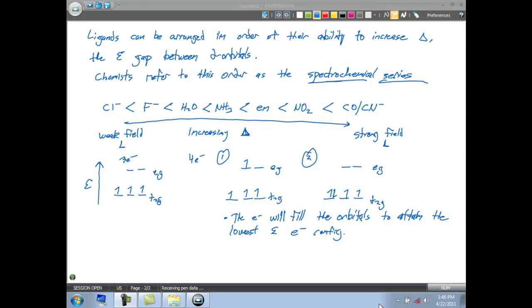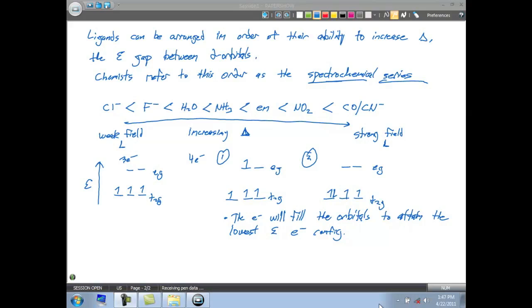The question we need to then ask ourselves is, which case do we have, the one on the left or the one on the right, that will give us the lowest energy configuration? And this is going to change based on the nature of the transition metal or the nature of the ligand. So let's take a step back for a second and ask ourselves, what is giving us this energy, or how can we relate energy to each of these 2 electron configurations?